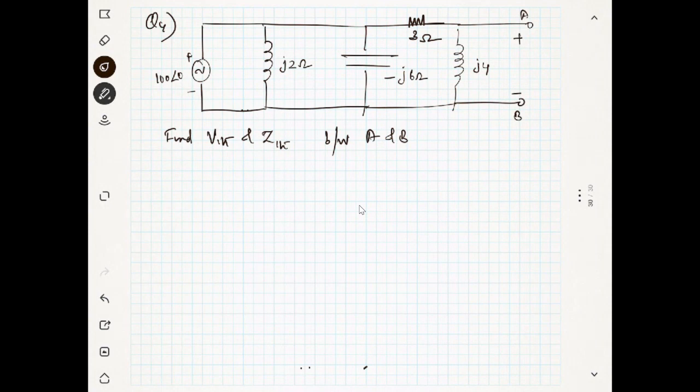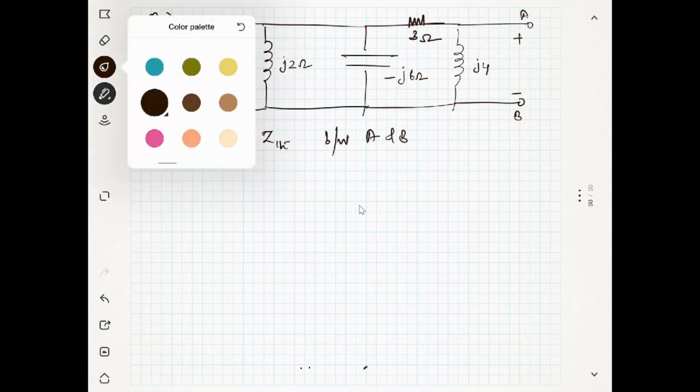Okay, this is the voltage source here, right? Source transformation and all is not required. You know this, it's a very easy thing.